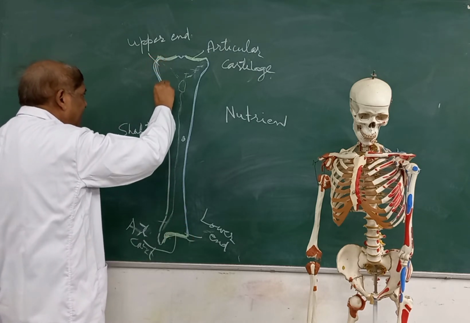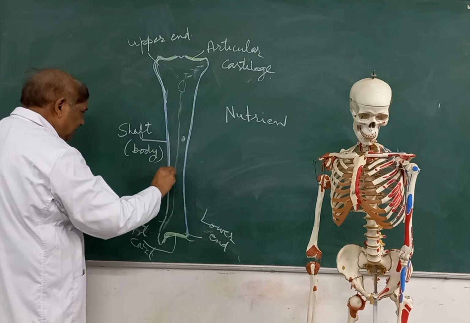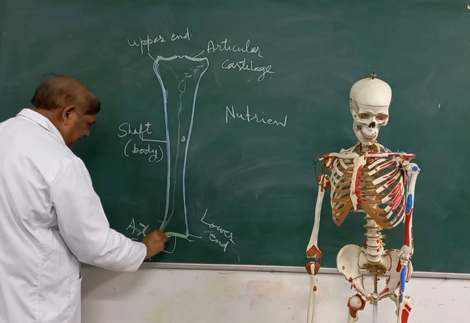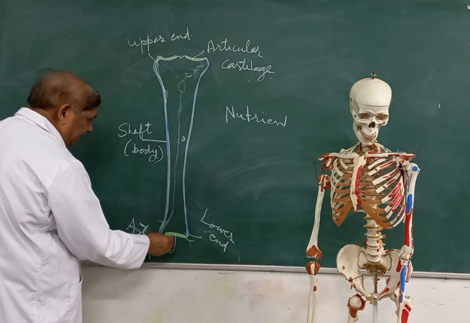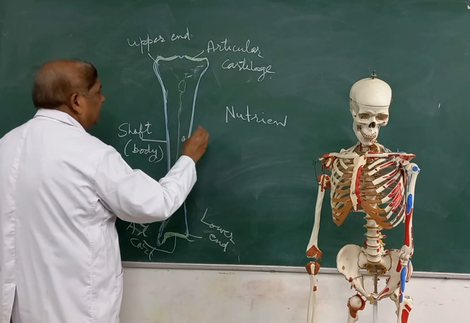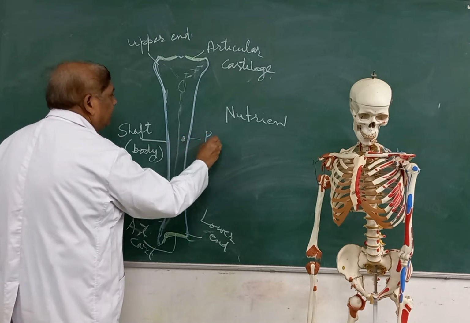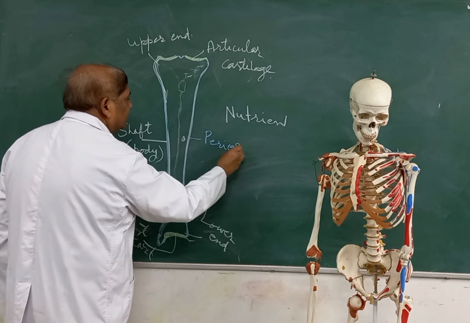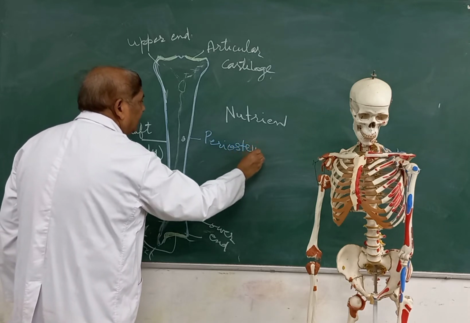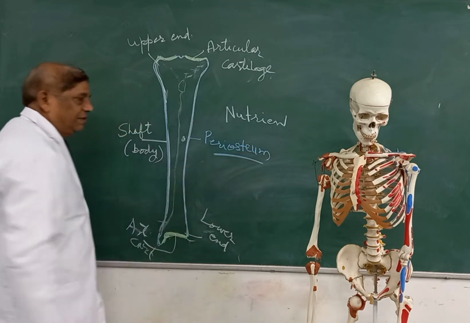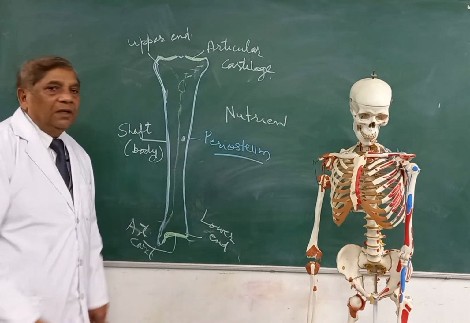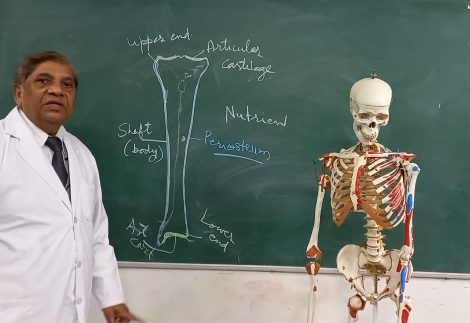This surrounds all around except the ends, which are covered by the hyaline cartilage, and this membrane is called the periosteum. Periosteum means a membrane covering around the bone, in a living condition.